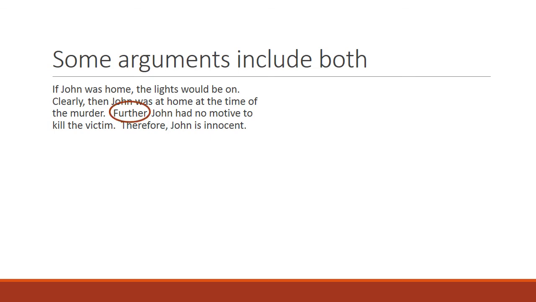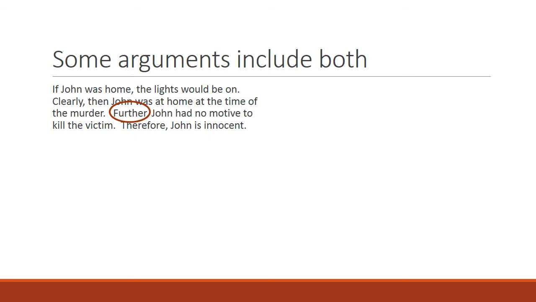Further. Although it doesn't look like one, "further" is a number-like premise indicator. An author will often tell us that he or she has a number of reasons to support the conclusion, and may use number words like first, second, third, another, and so on.